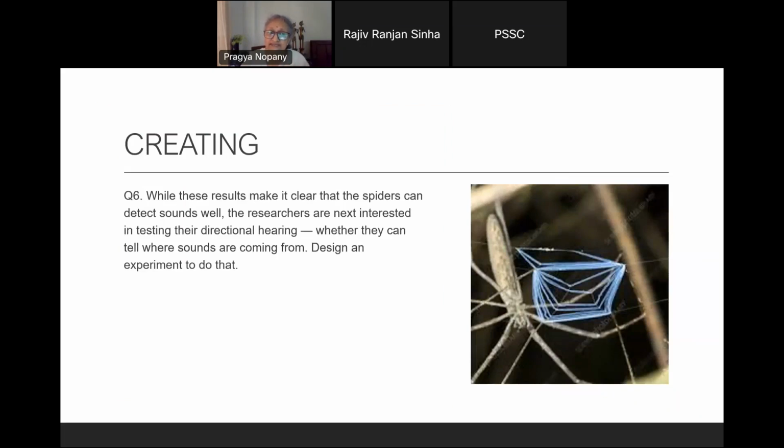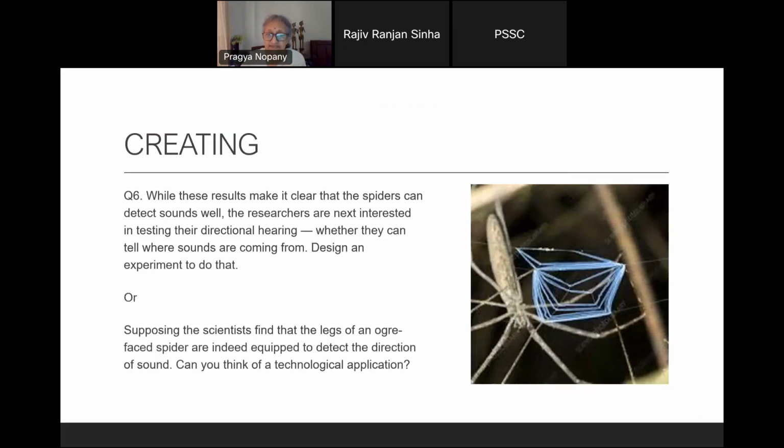Now, how will you design an experiment to do that? Or supposing the scientists find that the legs of an ogre-faced spider are indeed equipped to detect the direction of sound. Now, can you think of a technological application of that? So this is how, through a case study, we have encouraged the children to do wonderful critical thinking.